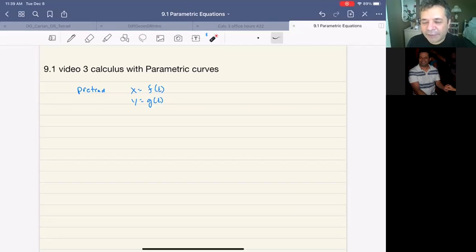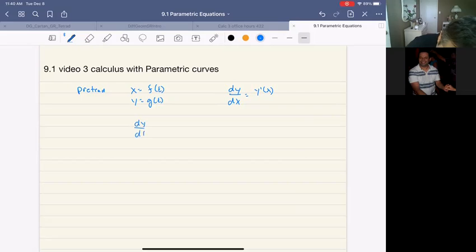So x is f of t, y is g of t. Now let's take dy dx, which we know as the derivative of y with respect to x. That's actually not going to be too difficult. We're going to take that as dy dt divided by dx dt.